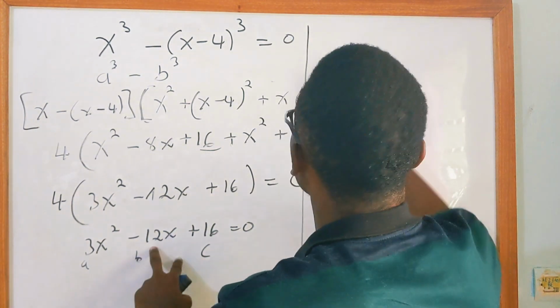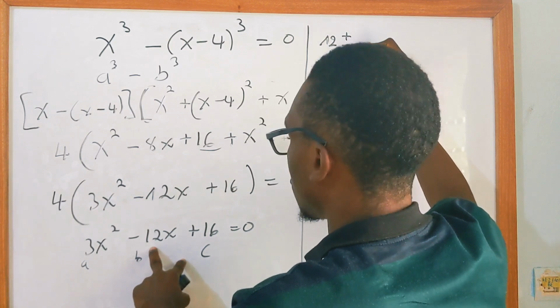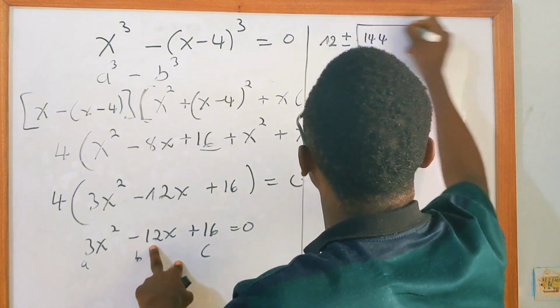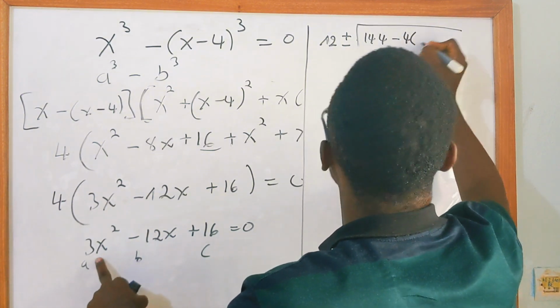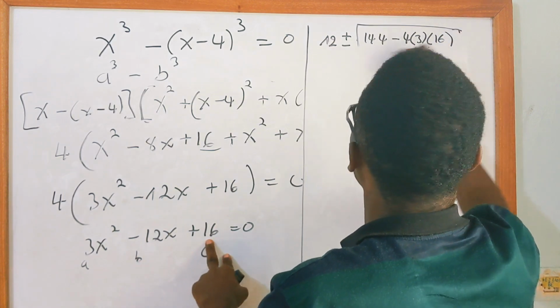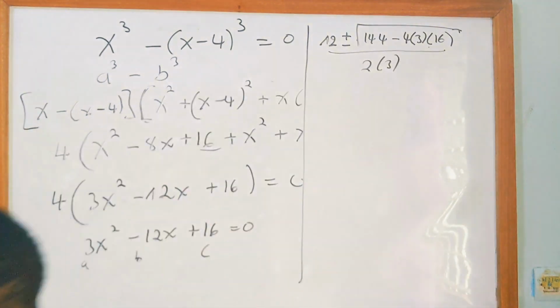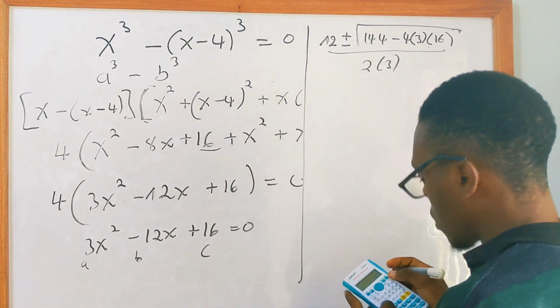Negative b, that is 12, plus minus root of b squared, 12 squared is what? 144. Okay, minus 4 into what? What is a? 3 times what? 16. All over what? 2 into 3. Okay, we know that 4 times 3 times 16, let's just calculate it.